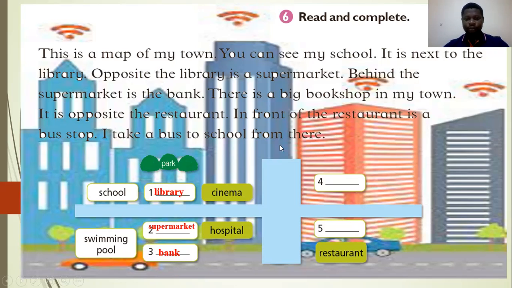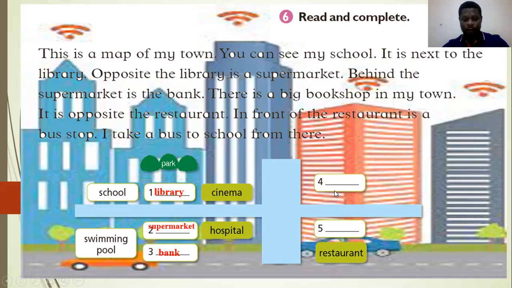And then it says there's a bookshop in my town. It is opposite the restaurant. It is in front of the restaurant, bookshop. I take a bus from here to school.